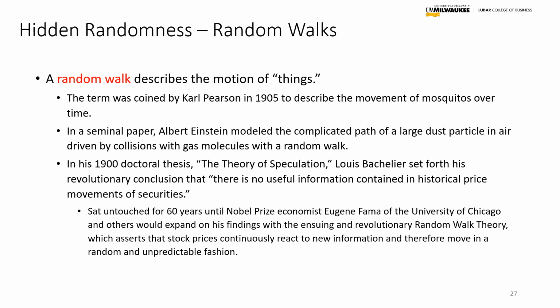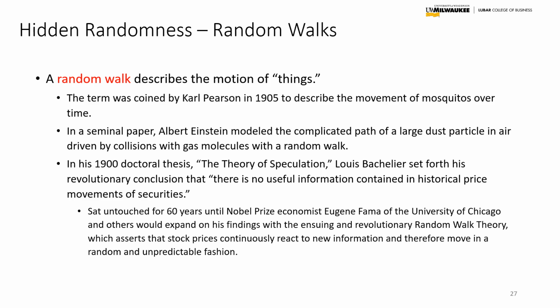And in 1900, a doctoral thesis called The Theory of Speculation by Louis Bachelier set forth this revolutionary conclusion that, quote, there is no useful information contained in historical price movements of securities.